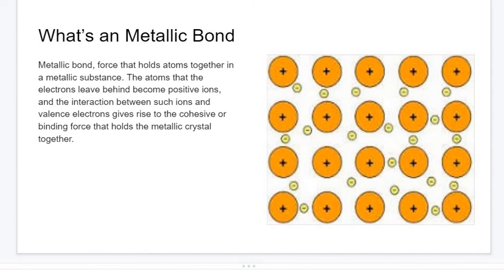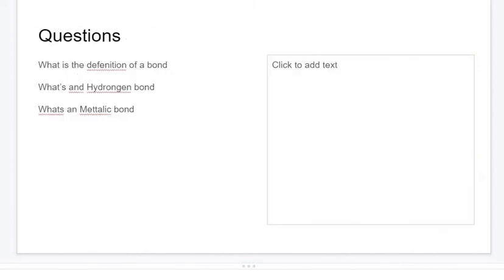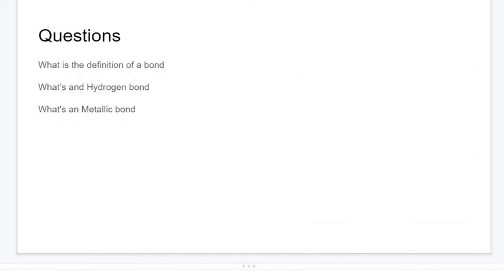So now I'll ask you some questions. My first question is, what is the definition of a bond? My second question is, what's a hydrogen bond? And my last question is, what is a metallic bond?